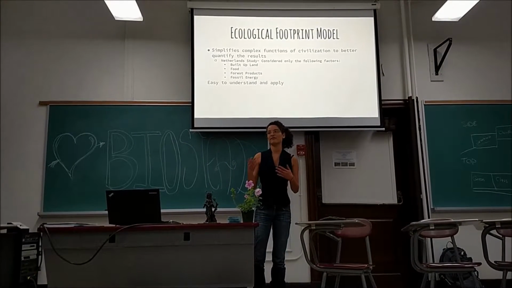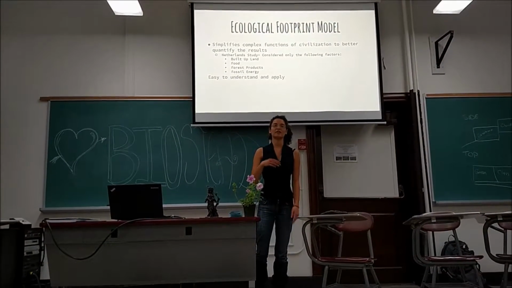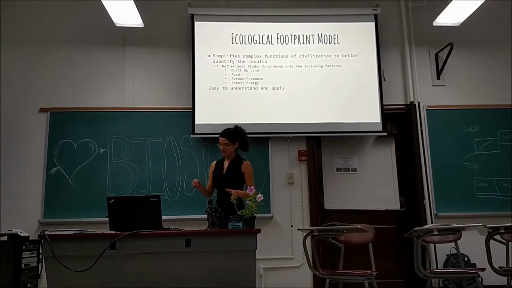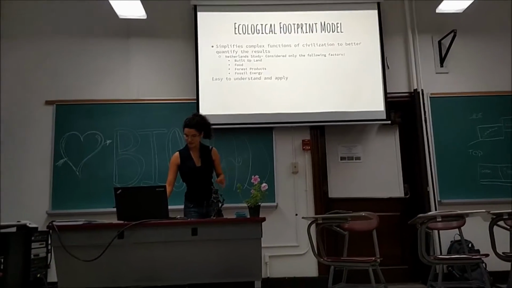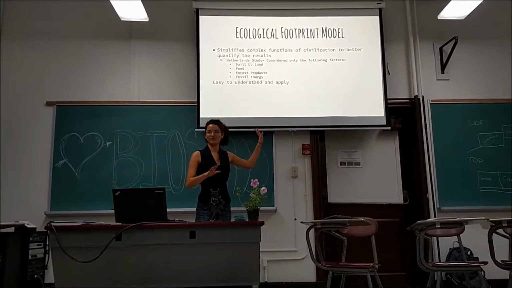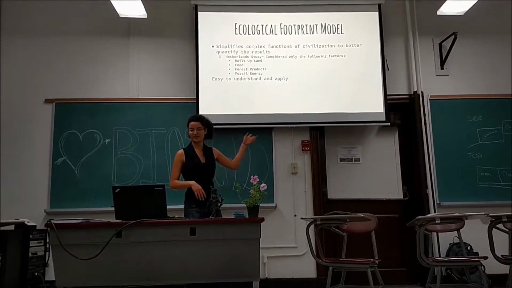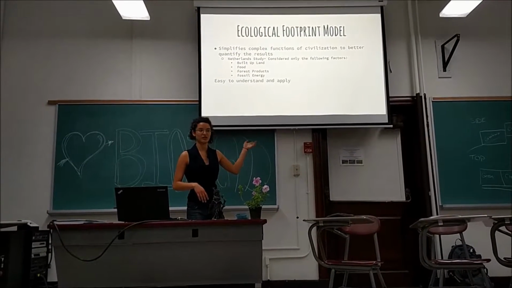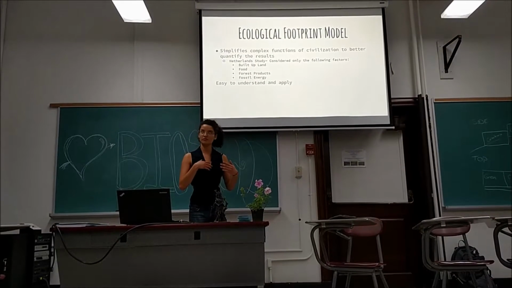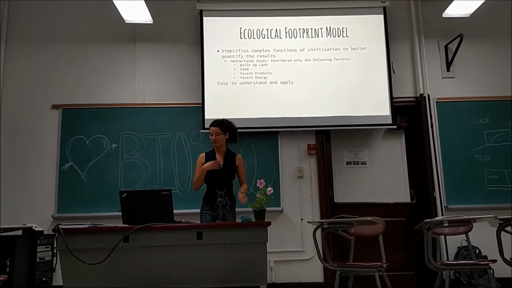But at the time, there was about 15 million people, and on average, they consume far less than North Americans do. But as you'll see soon, they only considered 4 factors to help kind of simplify things a little bit: the built-up land use, the food production, forest products such as paper, and fossil energy in general.